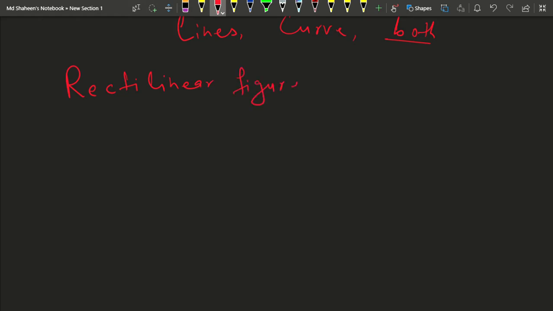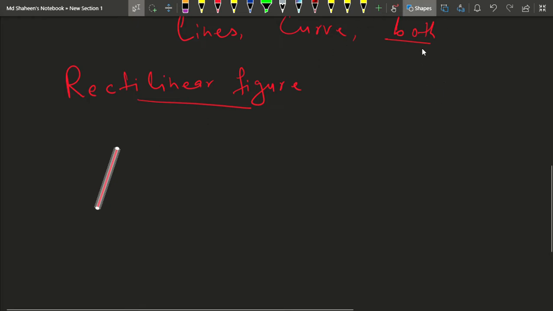See what I mean by a rectilinear figure. If we make any figure using only lines, we use one line, then another line from this, and another line from there. We are using only lines.